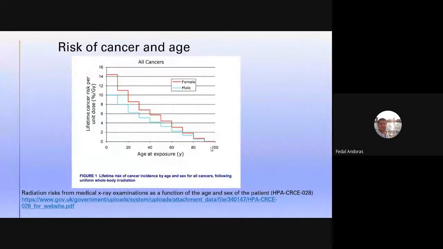Risk of cancer and age, again, whenever you are young, you are more critical to getting the radiation effect. Getting older, the effect will decrease. Here we have the age at exposure, 0, 20, 40 years, 60, 80, and 100 years, and lifetime cancer risk per unit dose. Look, female and male, always female have more problems than male regarding the radiation.